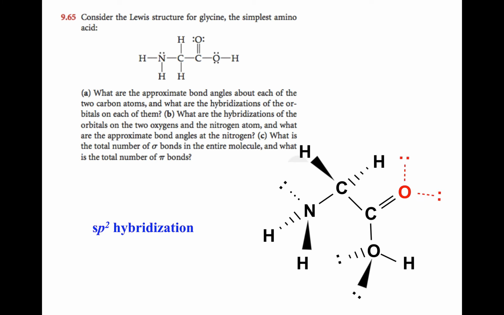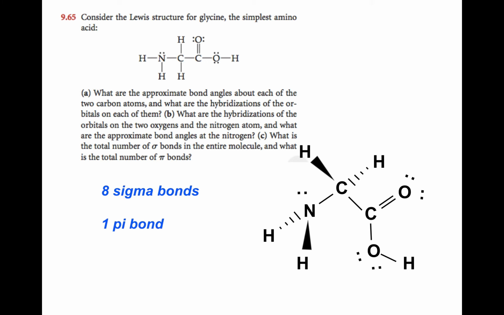Notice you can look at the geometry of the electron pairs, a 120-degree bond angle of the electron domains. So sp2 hybridization. Looking at the second oxygen, I've got two bonded pairs, two lone pairs. Those lone pairs push the bonded pairs into a 105-degree bond angle, a bent geometry. Again, sp3 hybridization, a tetrahedral arrangement of all the electron pairs.